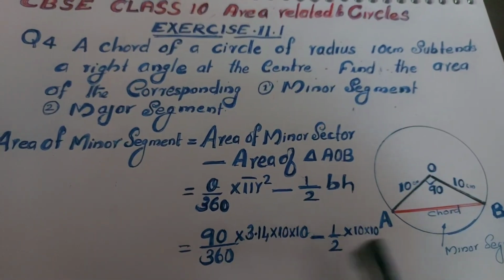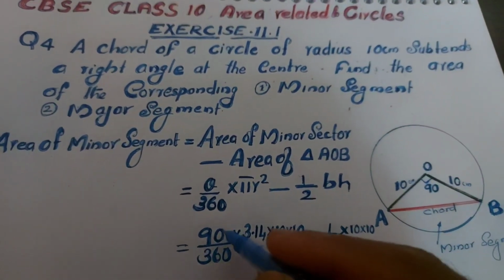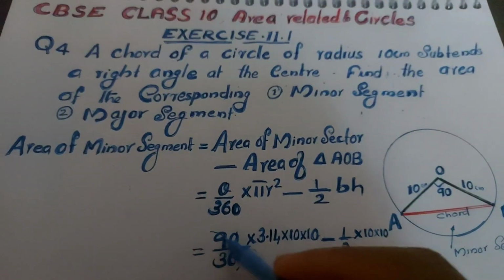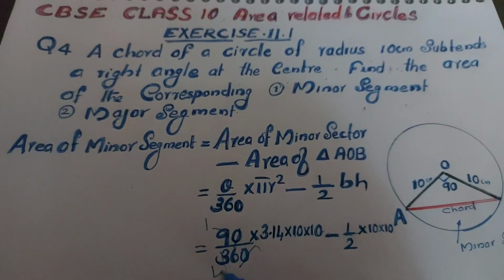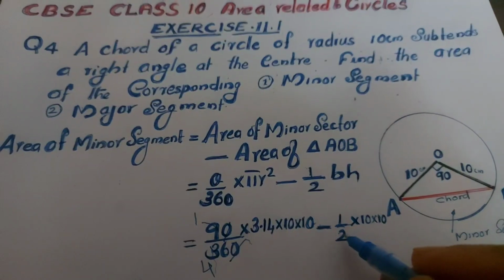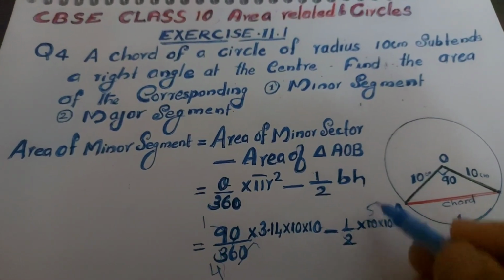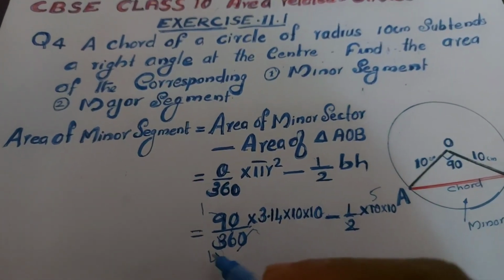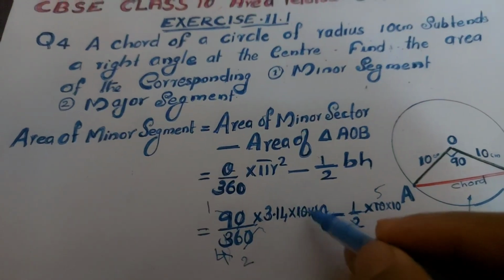10 is the radius. So 90 by 360, the zeros are cancelled, 9 ones are 9, 9 fours are 36. Then 10 by 2 is equal to 5, then 2 twos are 4, 2 fives are 10.